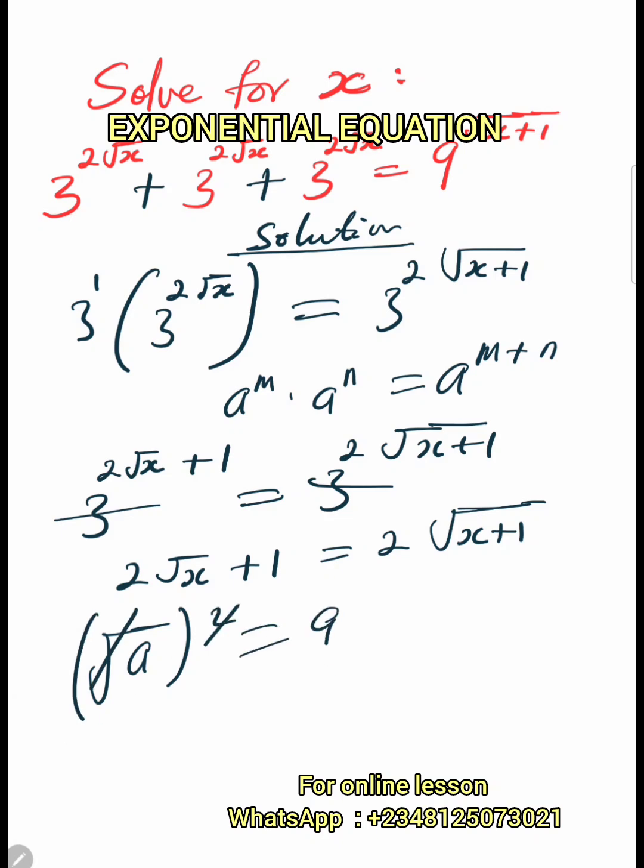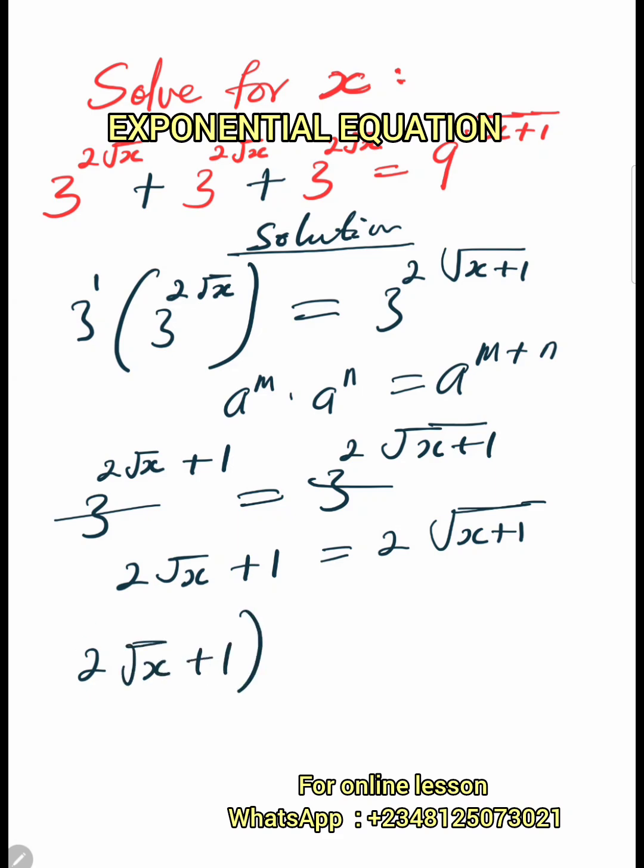So we are going to apply that now to both sides. Which means we are going to have 2 root x plus 1, all squared, equal to the right hand side 2 root x plus 1, everything all squared.